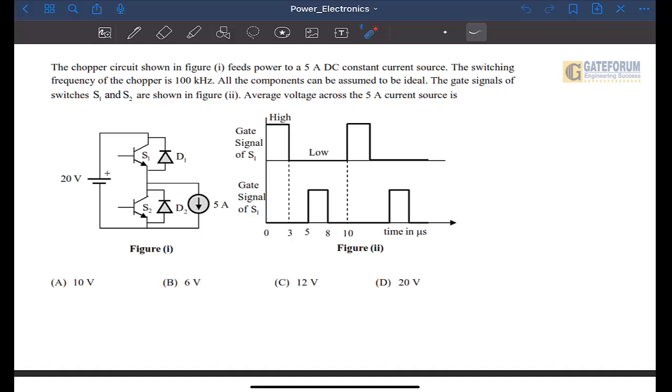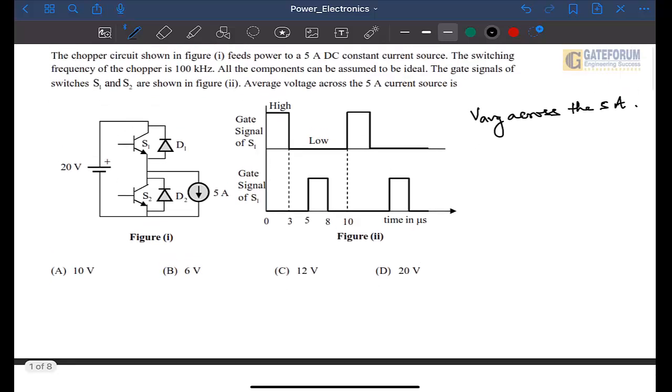We need to find V average across the 5 ampere current source. So we need to see when S1 is on.